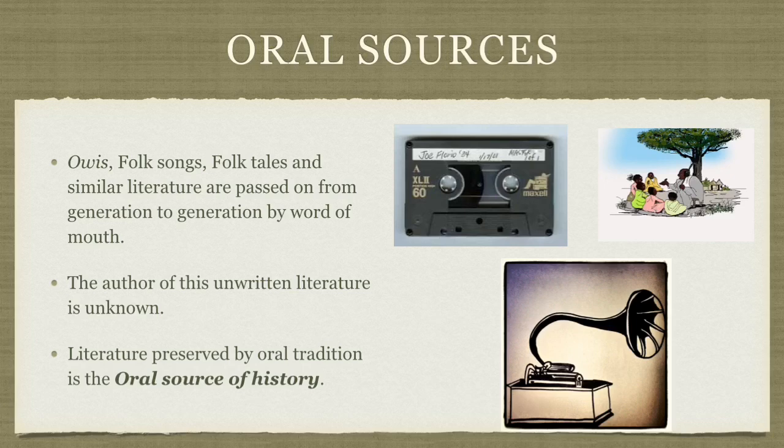Ovis, folk songs, folk tales, and similar literature are passed on from generation to generation by word of mouth. The author of this unwritten literature is unknown. These are called oral sources.